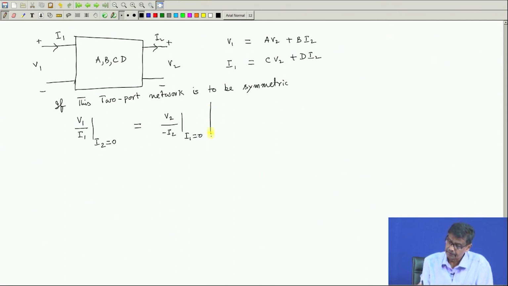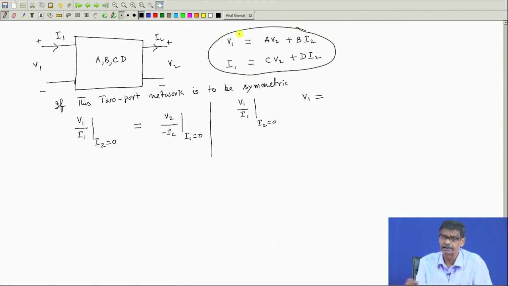Now, this is the thing. Therefore, let us first calculate V 1 by I 1 with I 2 equal to 0. These are the fundamental equations for the general case. So, V 1 is equal to A V 2 plus 0, I am not writing that, from the first equation, with I 2 equal to 0.